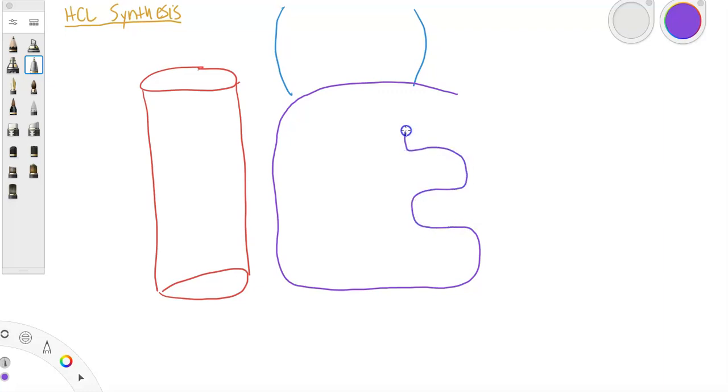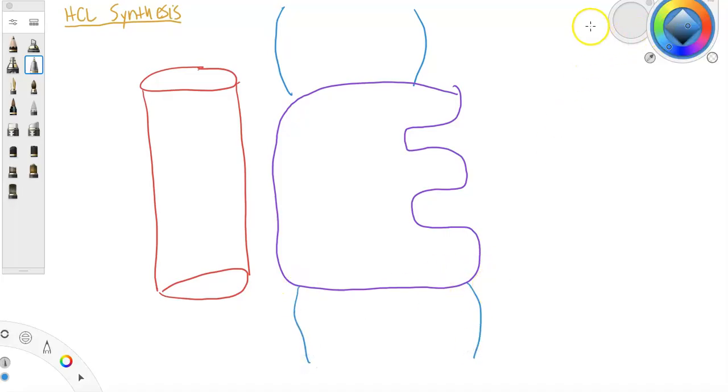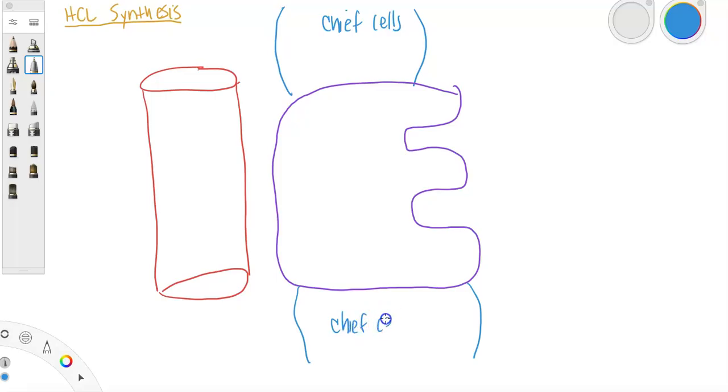So hydrochloric acid synthesis occurs in parietal cells. So in the stomach lining we've got chief cells, and we have these parietal cells.